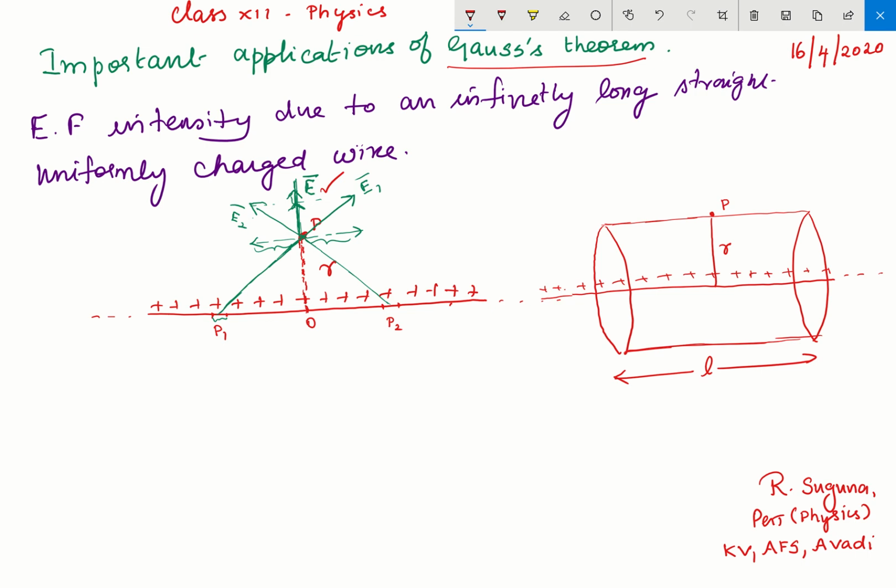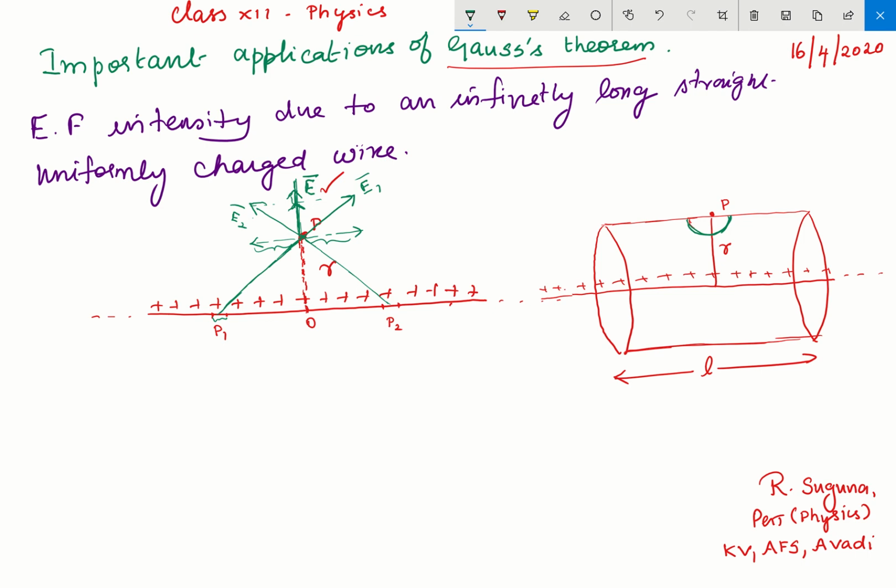So I am taking a very small area element, a small surface area, here like this, around that point of interest.